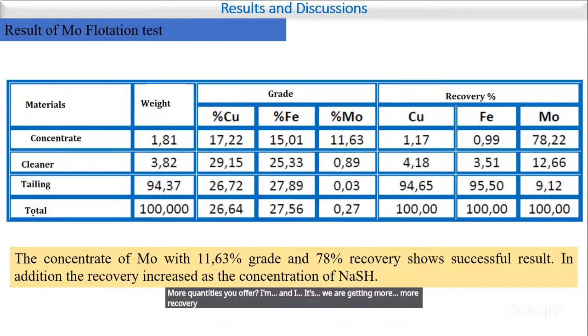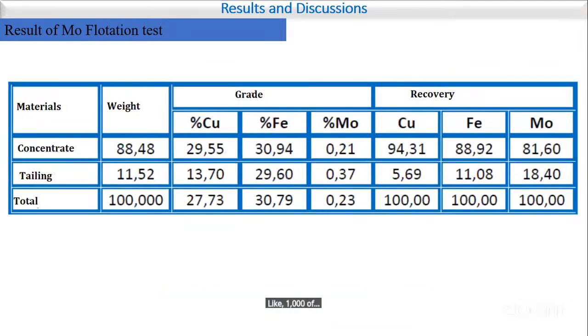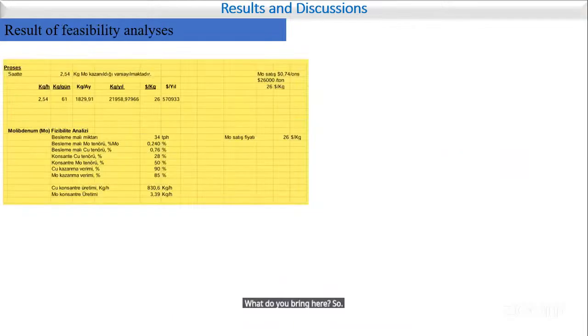When we add like 1,000 of NISH, we get like 81.60% of our molybdenum.